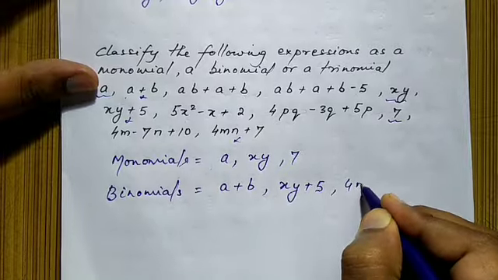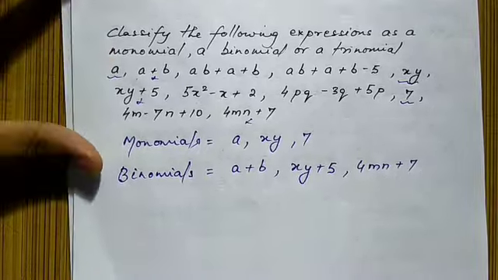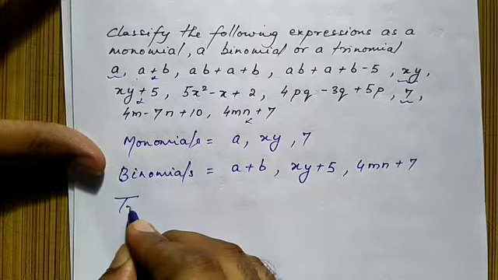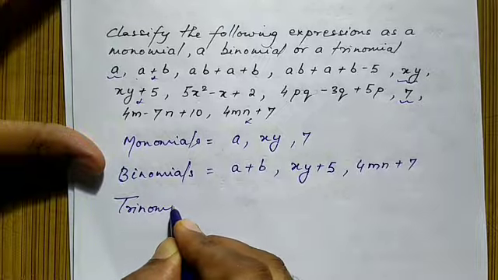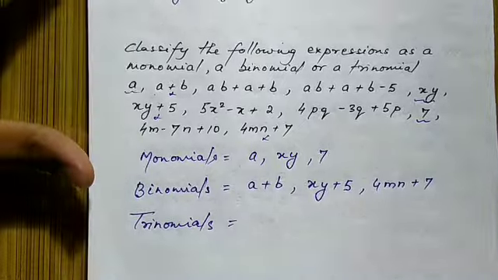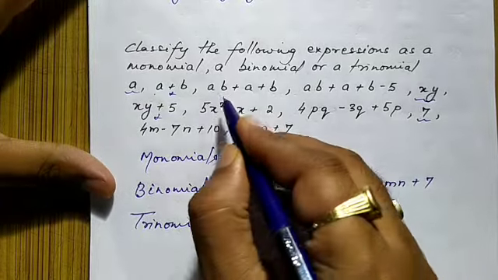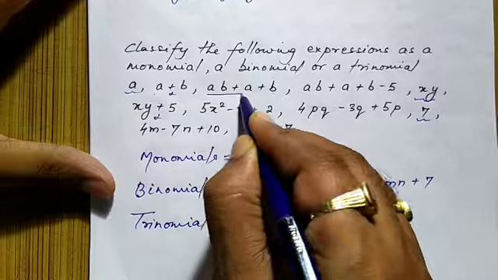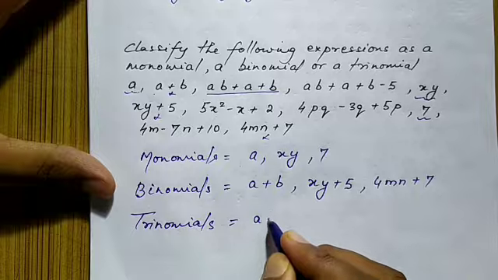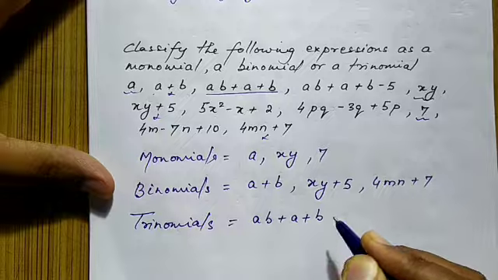So 4mn plus 7. Now trinomials, which have 3 terms, so this ab plus a plus b.